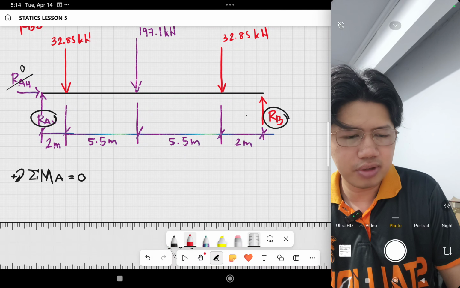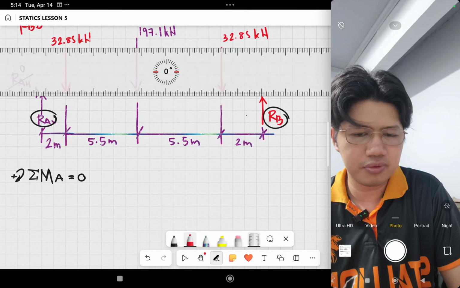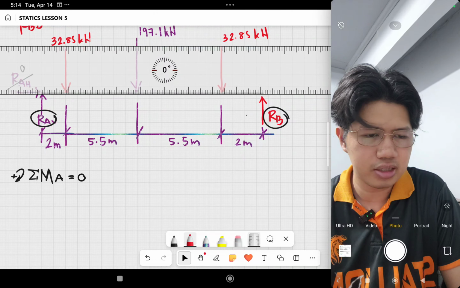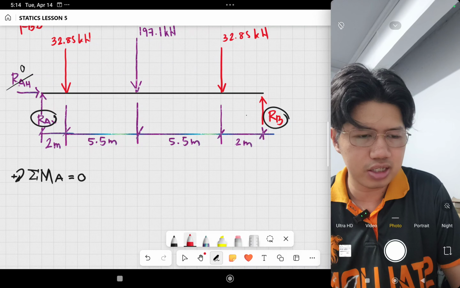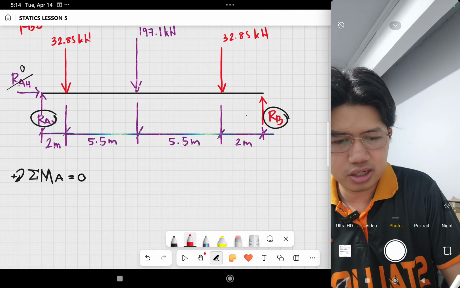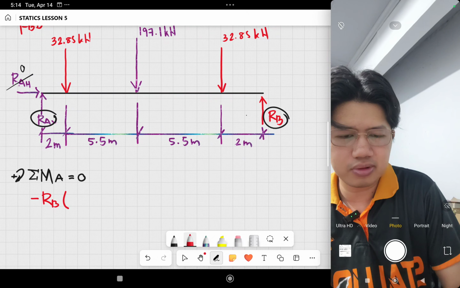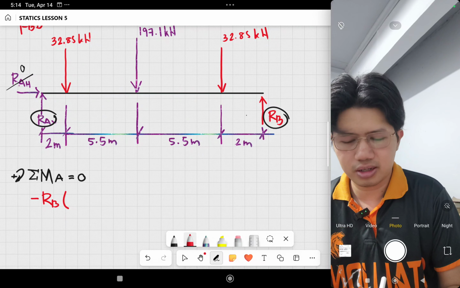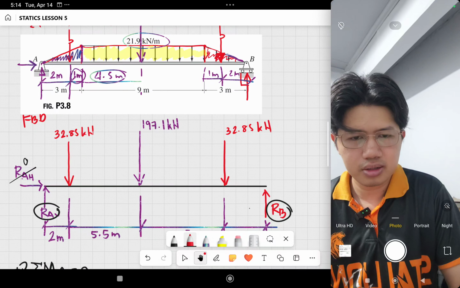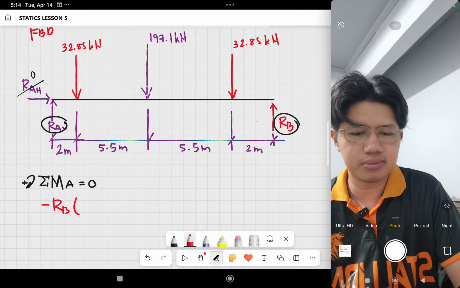RB will rotate the beam, no, if you will hold the roller at point A and follow the direction of RB. So magro-rotate siya in a counterclockwise manner, so that is negative RB, and yung distance niya papunta doon sa A, no, total distance is 9 plus 3 plus 3, that is 15 meters.